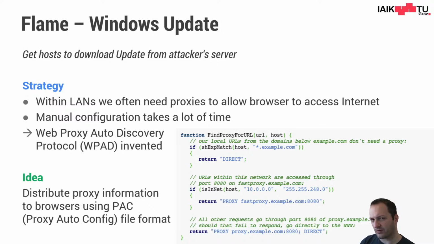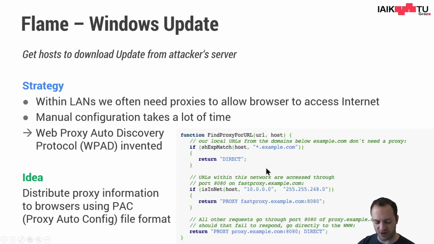They did so by crafting a so-called Web Proxy Auto Discovery Protocol file, a so-called WPAD. This is something used very often in LANs in order to tell a host, well, we're using a proxy, there is no direct connection. So you set up such a file, and just for demonstration purposes, I've listed here how you would do this.